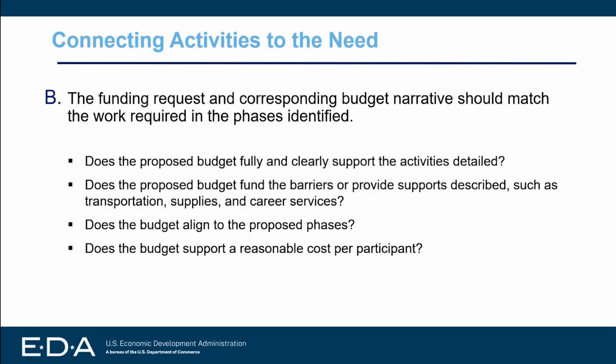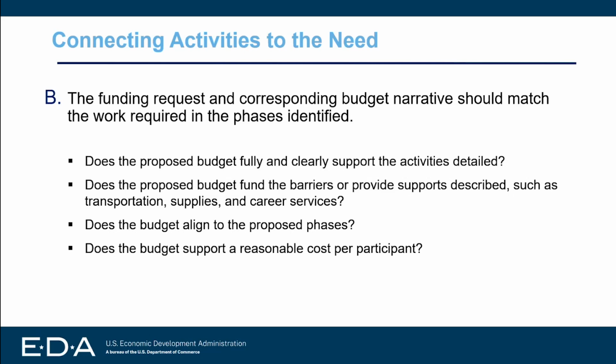If you identify uniforms or tools as a need for this training and individuals participating in this training, but there's no budget line item for participant supports, again, there is a disconnect there.